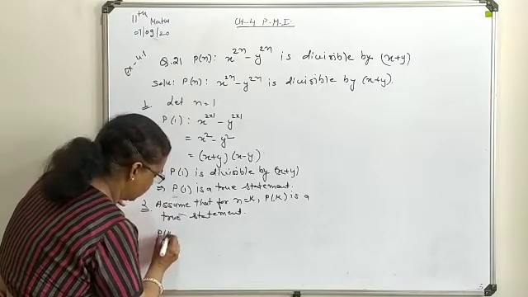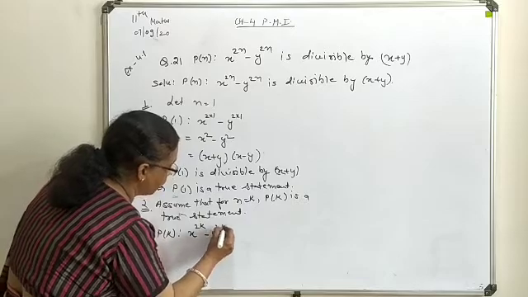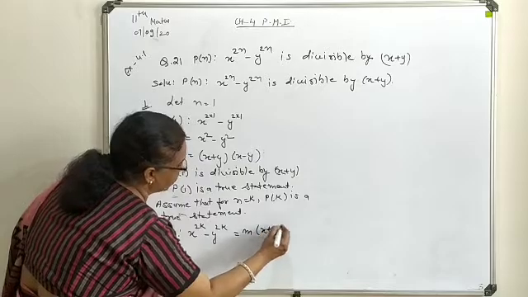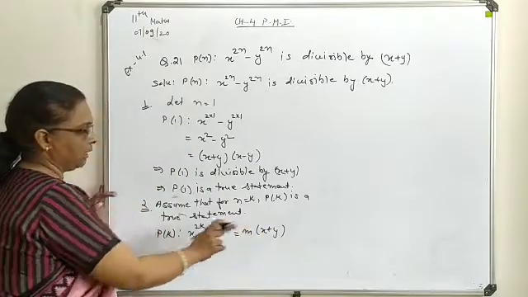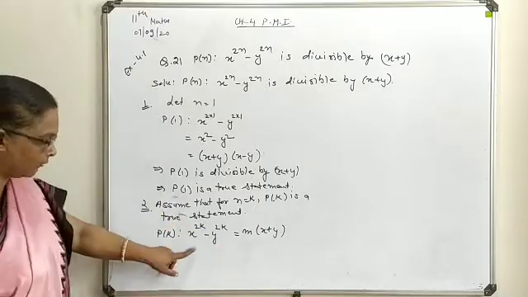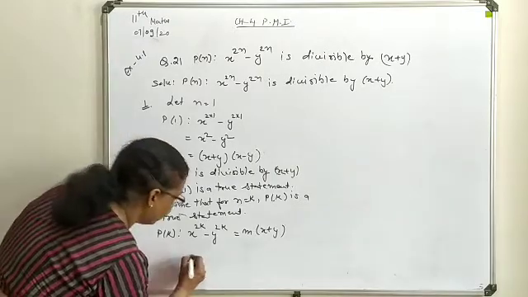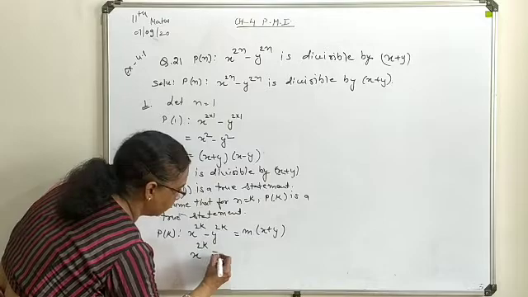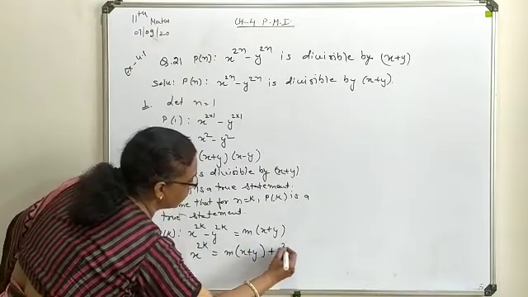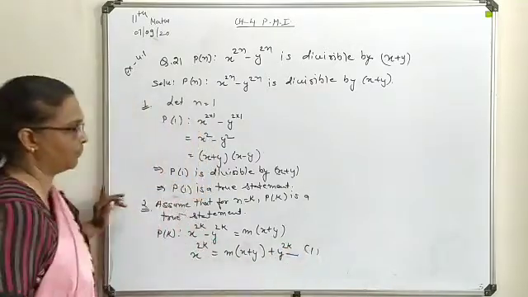That means Pk you will write as x power 2k minus y power 2k, as a multiple of or divisible by x plus y, one of the factors we can write as m, as we have done in the last case. Now from here x power 2k we are going to separate for further solution. So x power 2k here we will write as m times x plus y power 2k. Now our main step, this is the first relation, we can mark it.